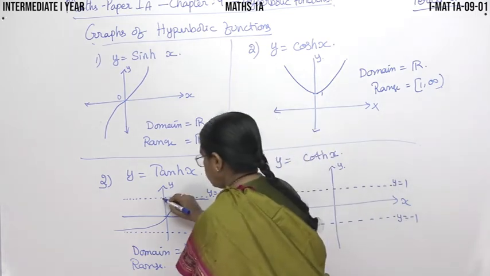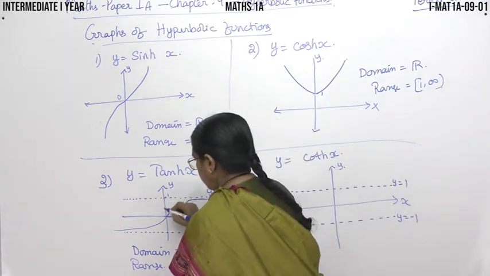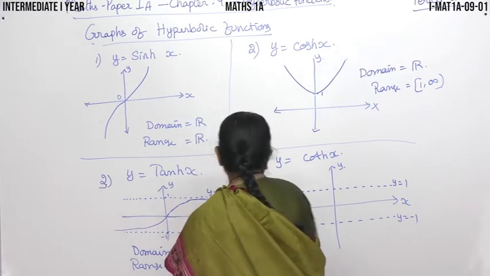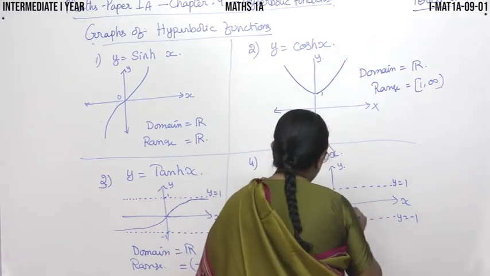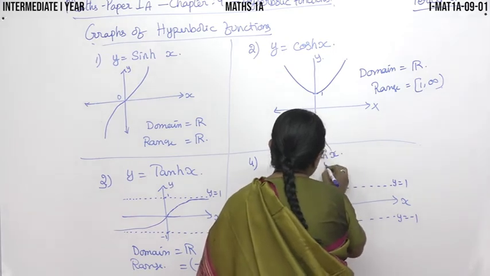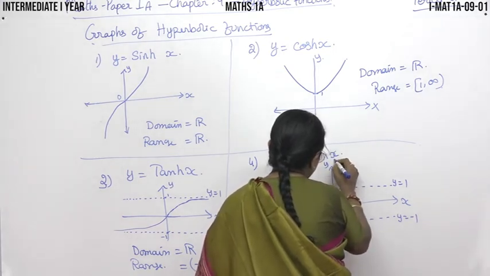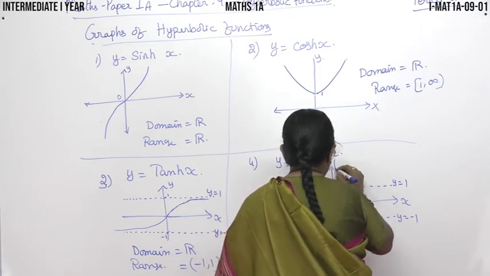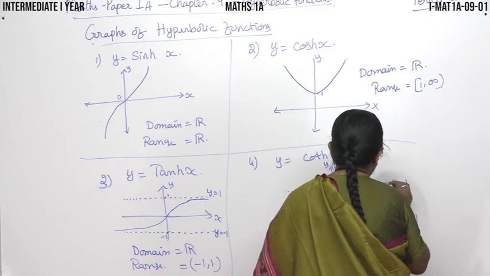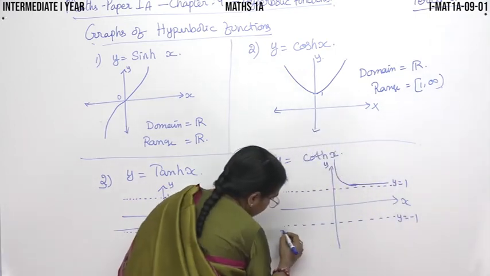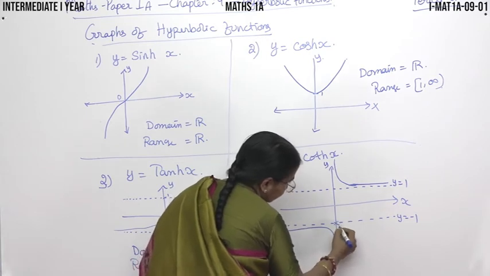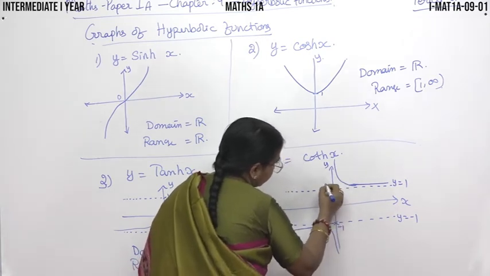So this point is 1 here and this point is minus 1. Now you'll have the graph like this. This is y-axis. It takes from minus infinity to minus 1. This is minus 1 and this is plus 1.